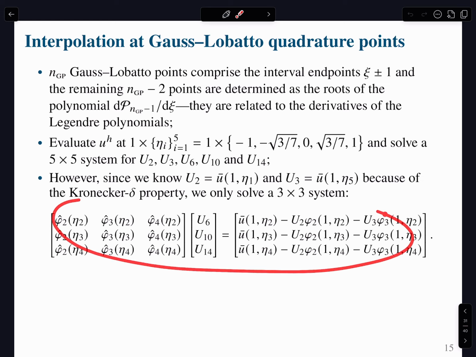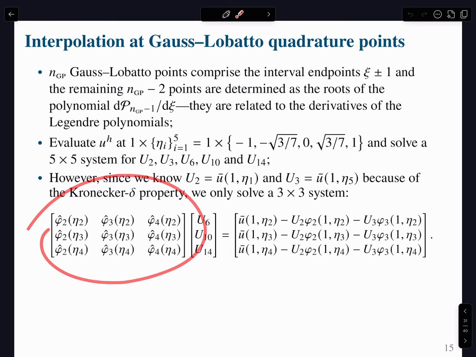This is the way the system looks, and again, that is happening because we are evaluating the function, and because we lose the Kronecker delta property, this is a fully coupled system matrix, right? But this is very straightforward to solve. You just have to evaluate the function along the edge, you build your linear system, and then you obtain your higher order nonlinear degrees of freedom, the ones that are associated with the nonlinear shape functions.